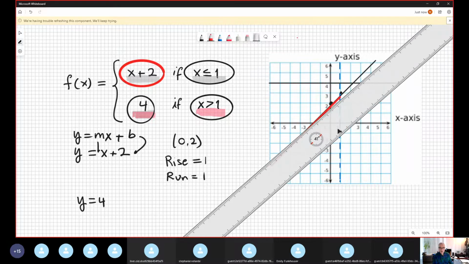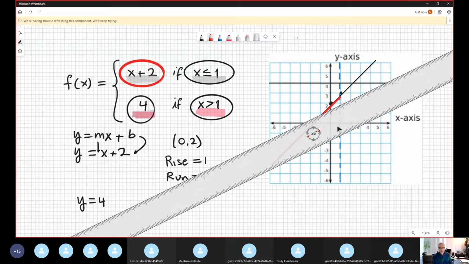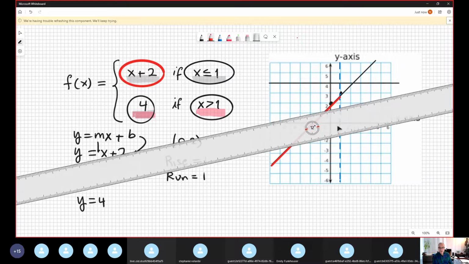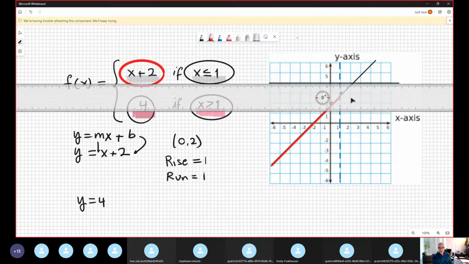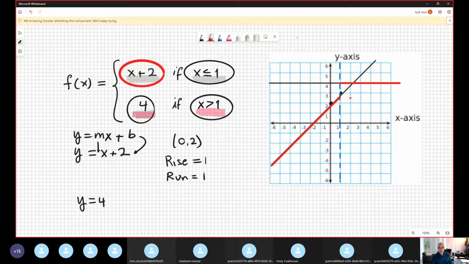Because we change to the other piece after greater than 1. We change to the 0 degree horizontal line and travel along this. We almost finish. You see in the red color, we have the graph. This continues forever, and this continues forever. But important: in the transition point, we always put 2 circles.